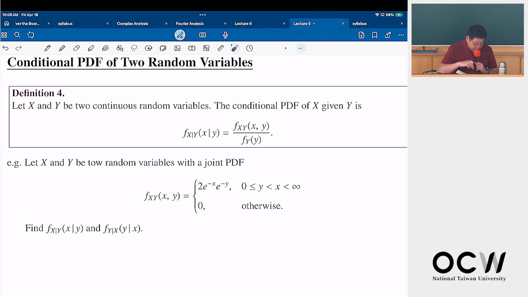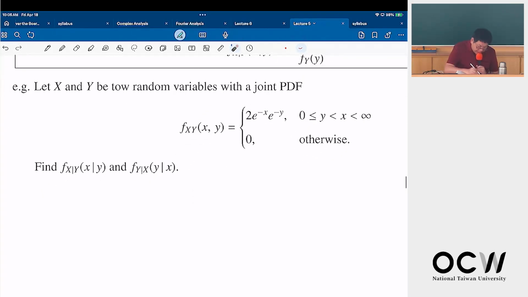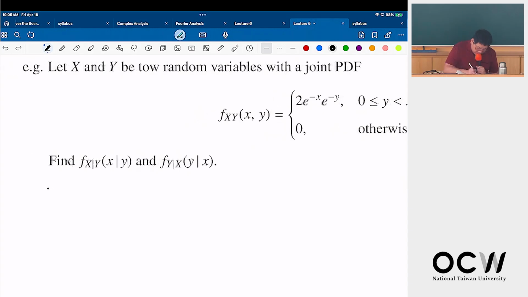Right, so let's find the marginal PDF of x and also the marginal PDF of y.